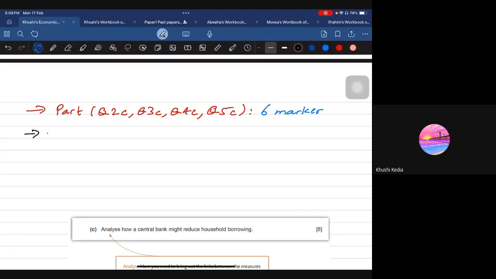Now, first, the requirement. This is a question which has a new assessment objective introduced now, that is AO1 plus AO2.